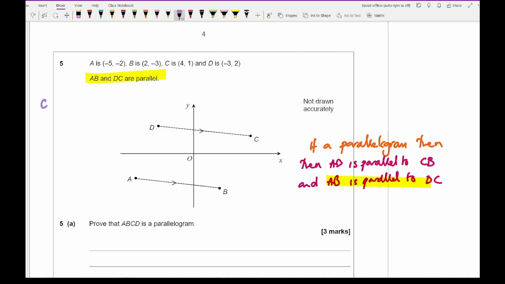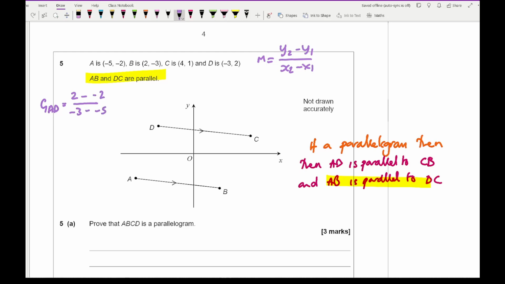So if I work out the gradient of AD, I'm going to use the formula y2 minus y1 over x2 minus x1. So D is 2, 3 and A is minus 2, minus 5.